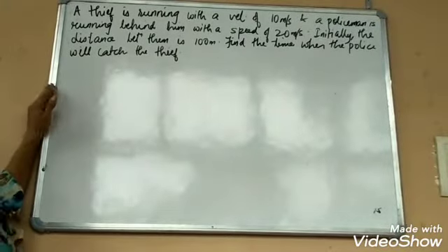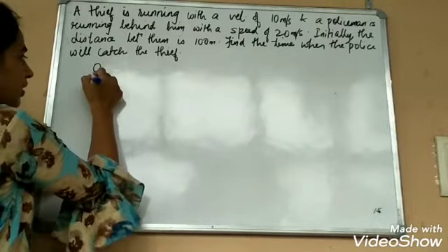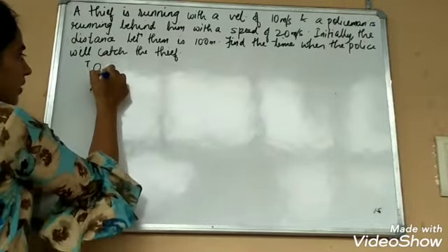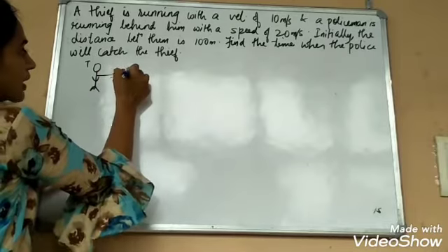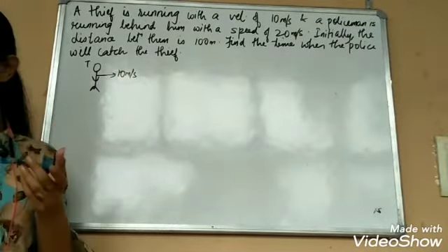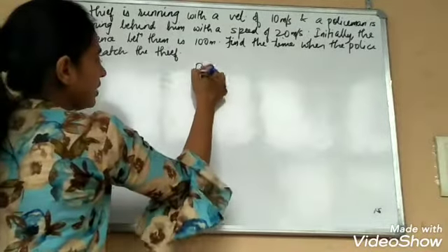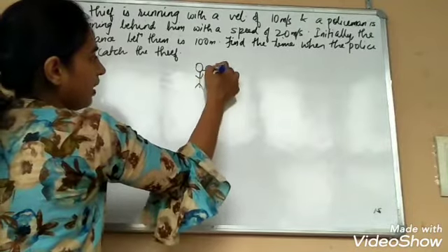A thief is running with a velocity of 10 meter per second. So here there is a thief who's running with a velocity of 10 meter per second, and obviously the thief will be in front. The thief and policeman problems are very common.